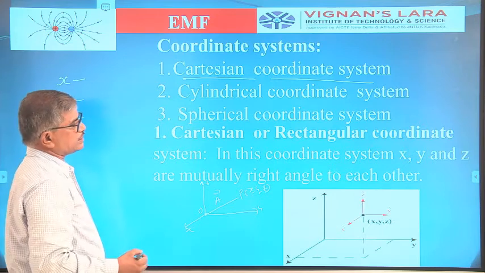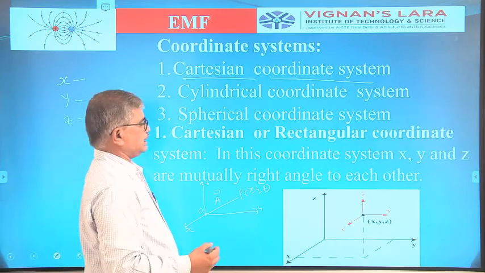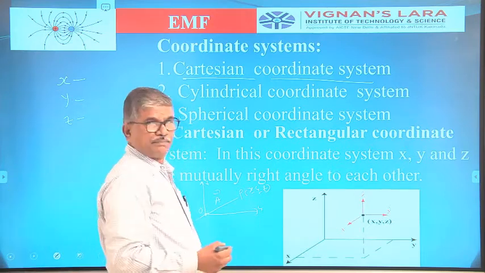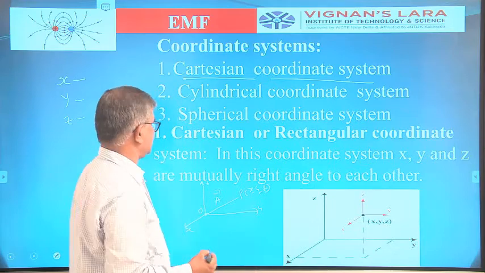So in the Cartesian coordinate system, x, y, z are perpendicular to each other.